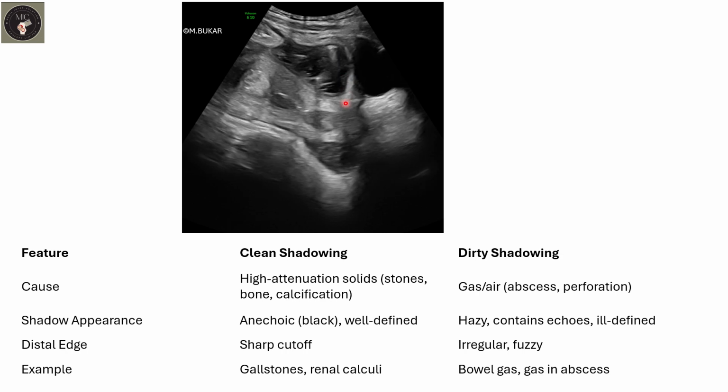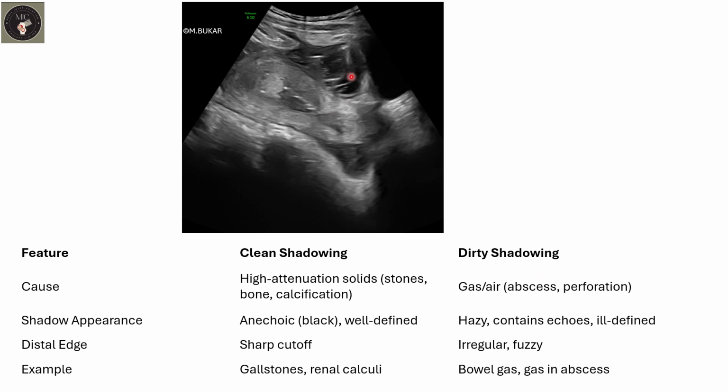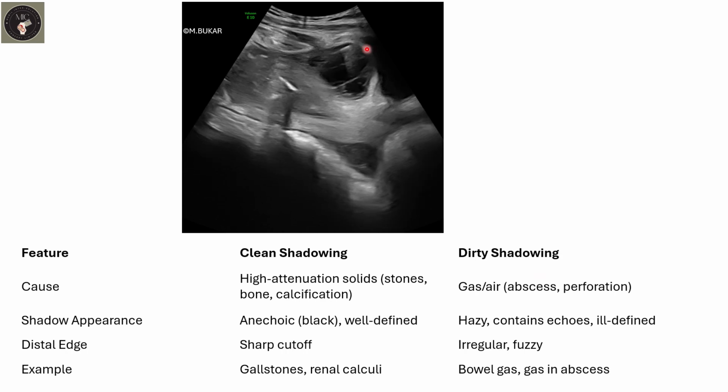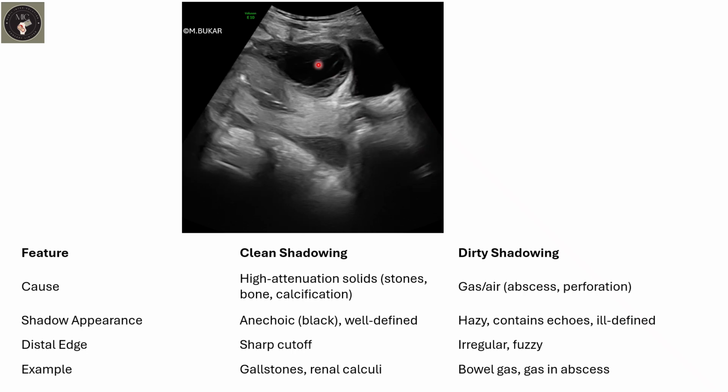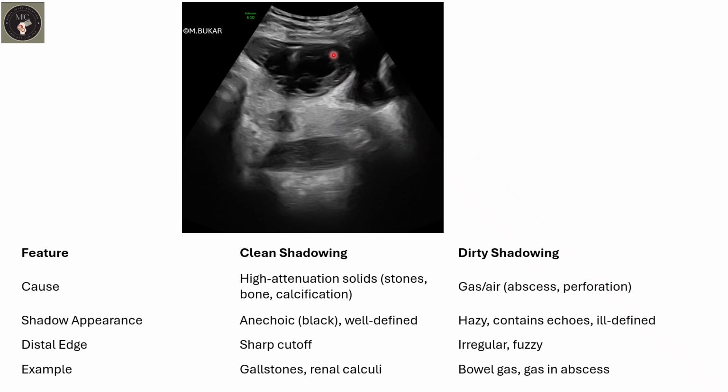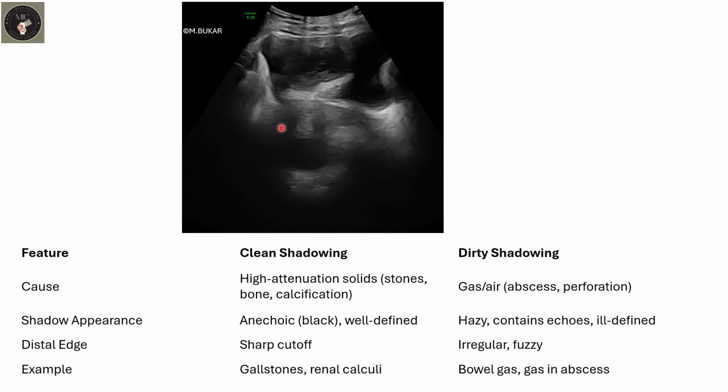So here you can see that this is dirty shadow. Look at it, and look at where the shadow is coming from, this abscess. Look at the dirty shadow here.